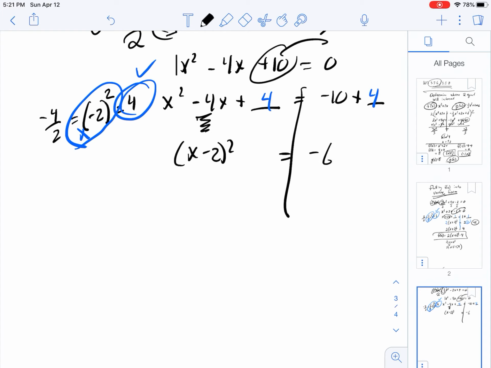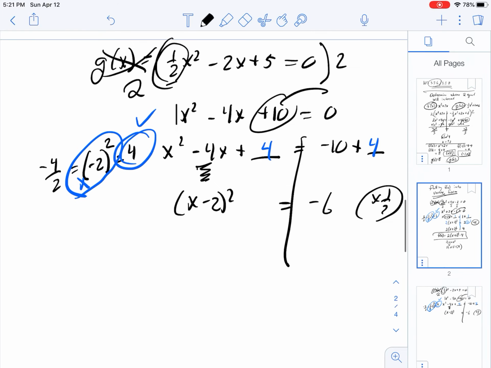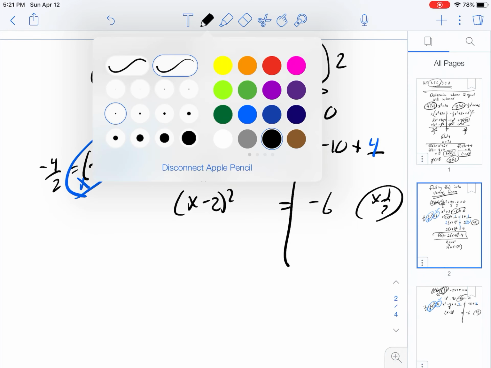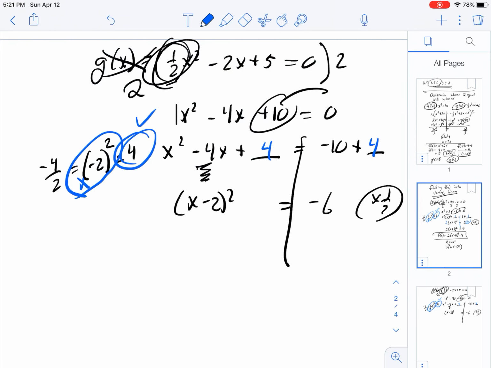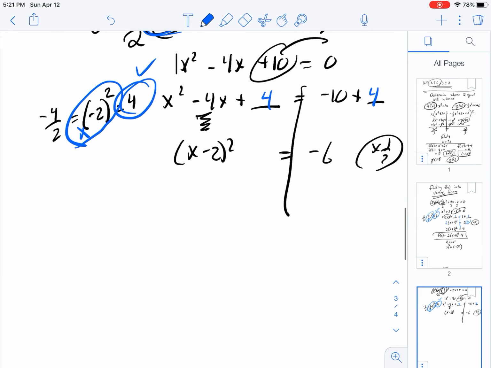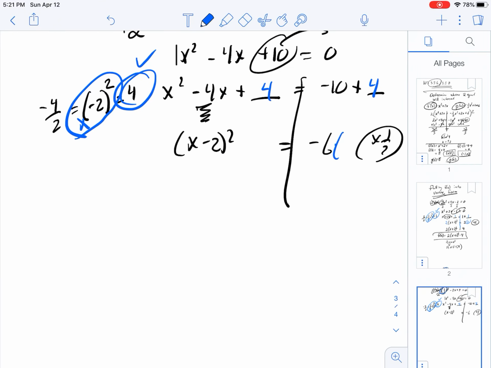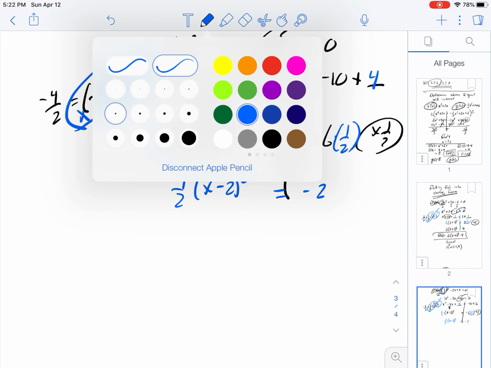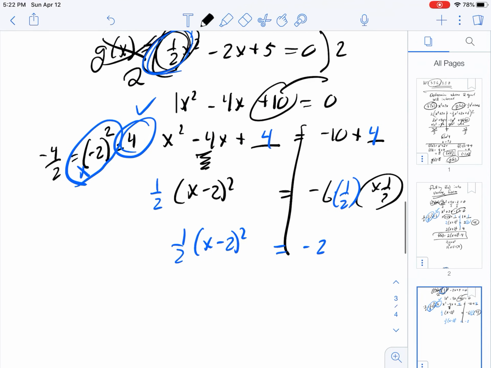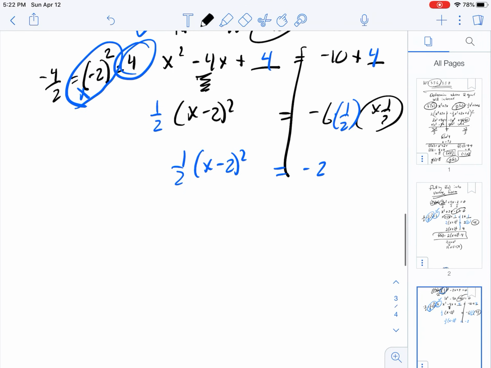Let's throw my scalar back in. I do believe it was 1/2 up here, so let's multiply this by 1/2, and this by 1/2. So you have 1/2 x minus 2 squared equals negative 2. Now let's go ahead and bring my function back in, which is g.